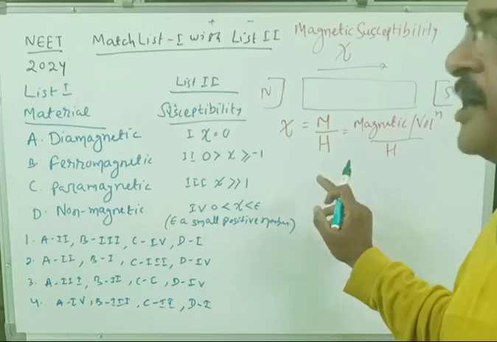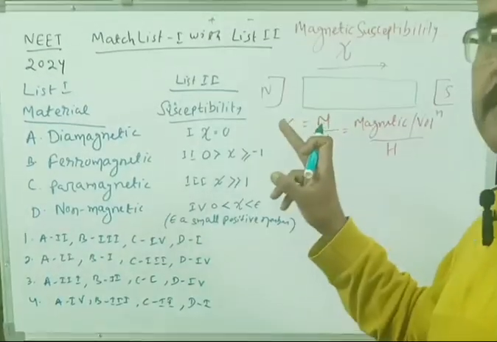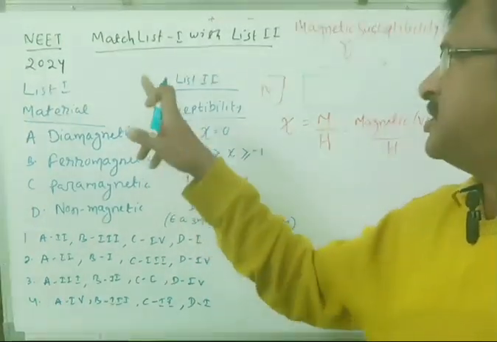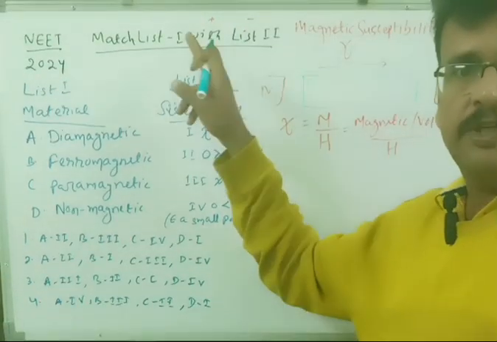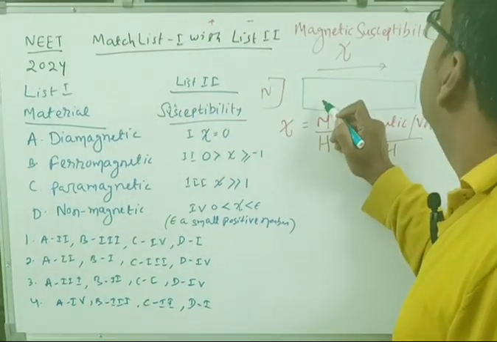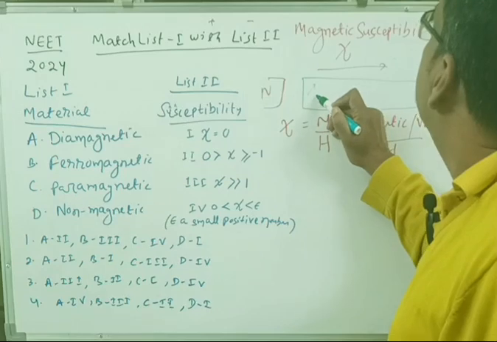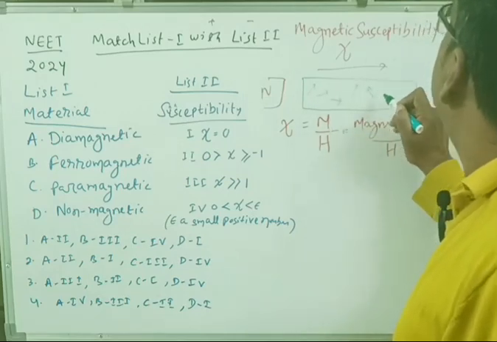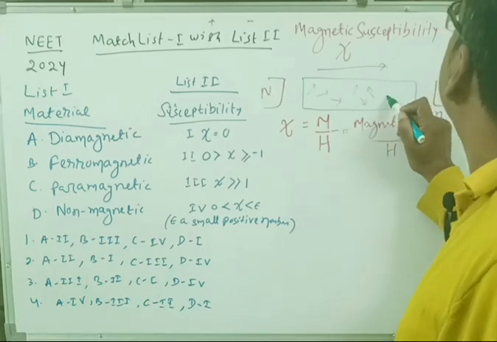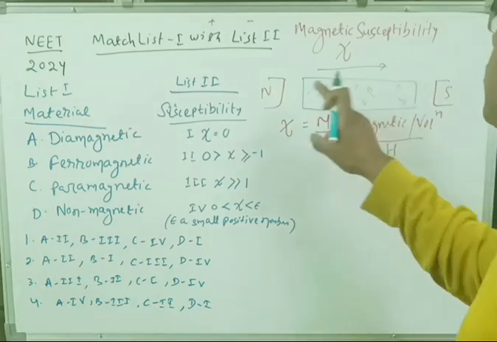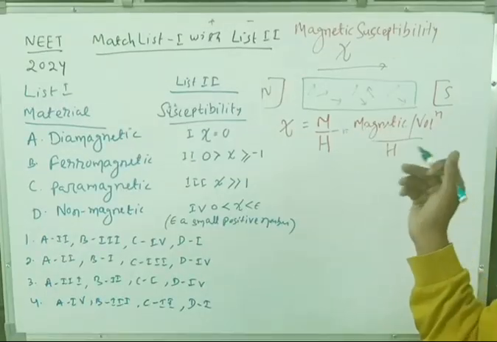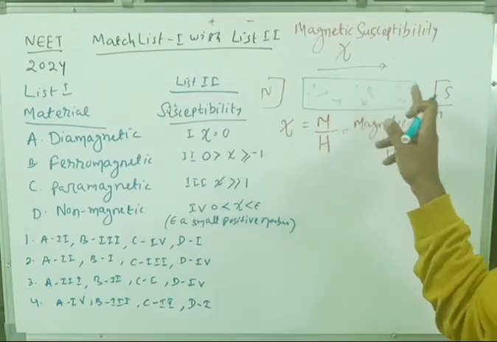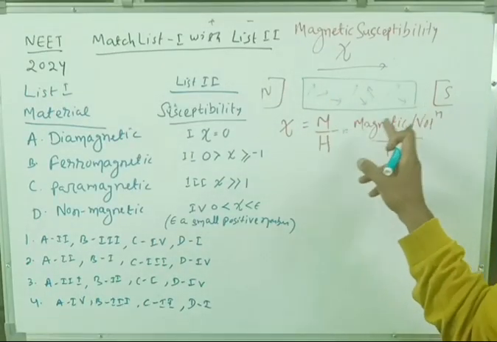Suppose this material is made up of several atoms, and the atoms can be considered as dipoles, a system of positive and negative charges, aligned randomly in different directions. When there is no externally applied magnetic field, they are randomly aligned.